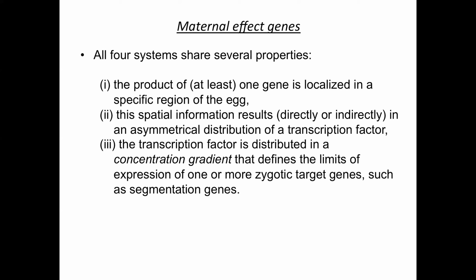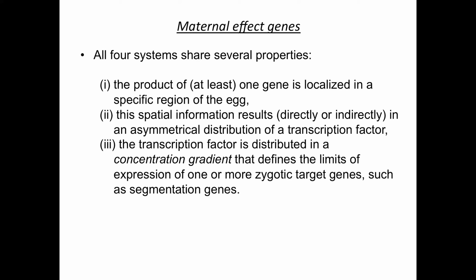So you can see that the target genes that are going to be activated, that see different levels of these transcription factors or proteins, will not be the same. And that sets up a way to discriminate cells.